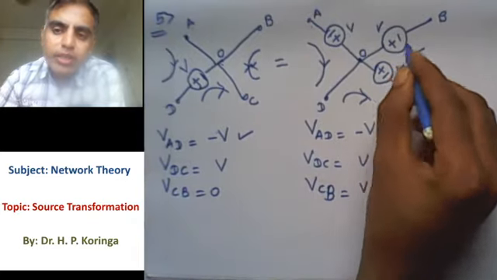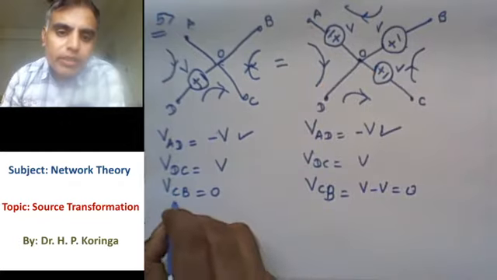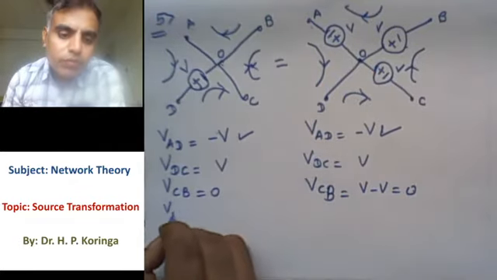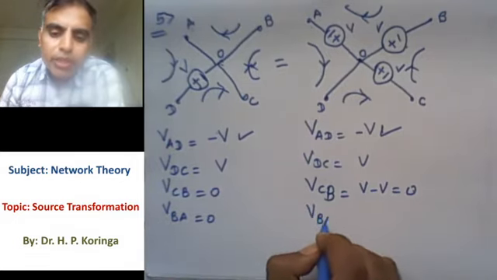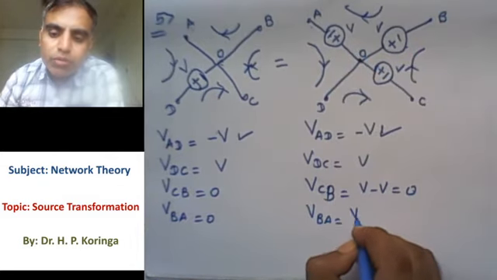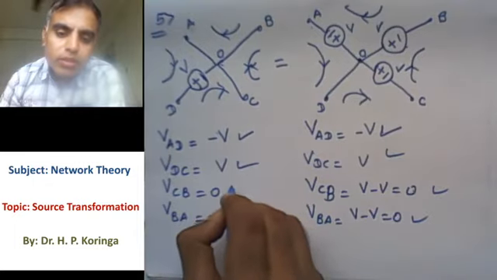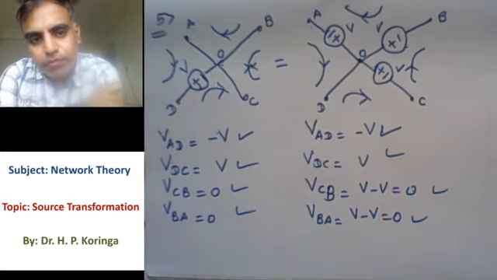The voltage between B and A is 0. Here also, one voltage is positive and another is negative due to the polarity, so it is 0. So both networks are equivalent, right?